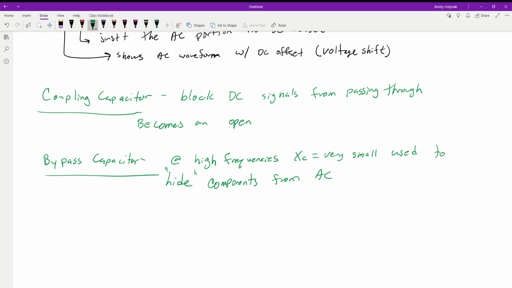This is going to come in handy and be used a lot more next semester when you talk about amplifiers. We use bypass capacitors all the time. We need the resistance in there to bias it correctly with the DC part, and then when we throw the AC signal in, we want that gone so we can get as much gain out of our amplifiers as possible. So that's the idea behind those.